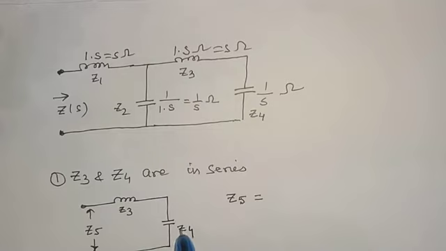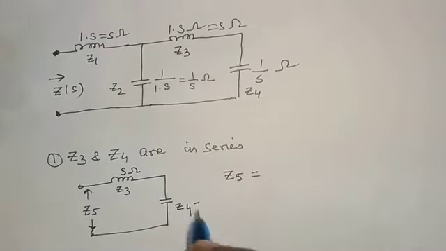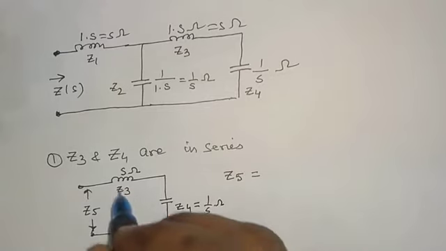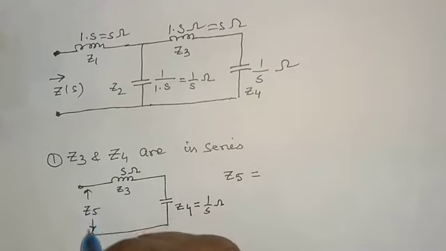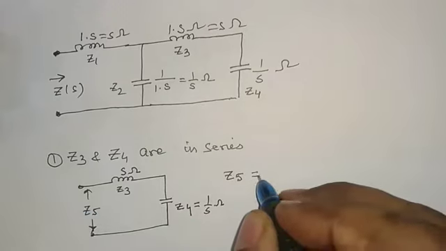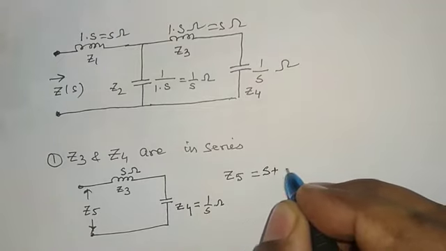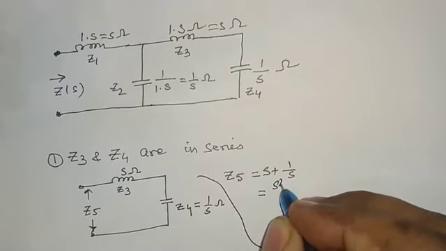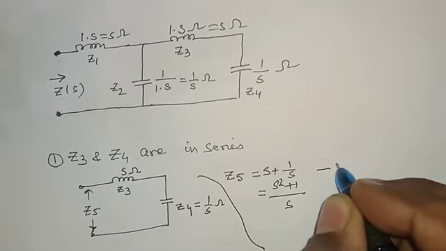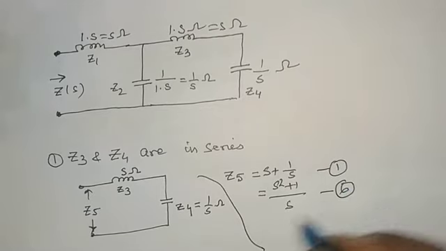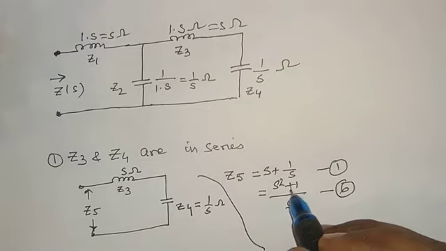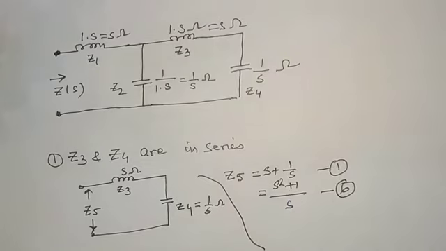Z3 is S ohm and Z4 is 1 upon S. If Z3 and Z4 are in series and the equivalent impedance is Z5, then Z5 will be S plus 1 upon S, which is S square plus 1 divided by S. Now Z5, the series equivalent of Z3 and Z4, is S square plus 1 divided by S ohm.